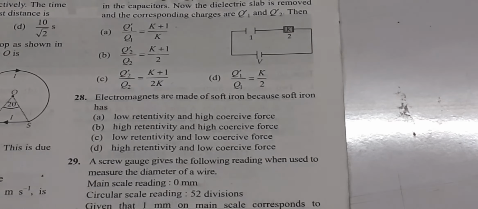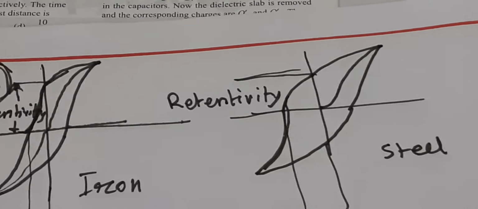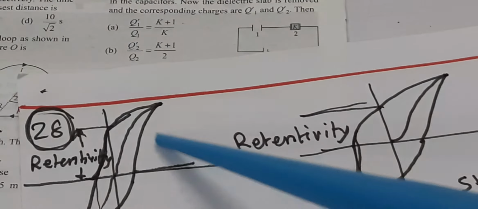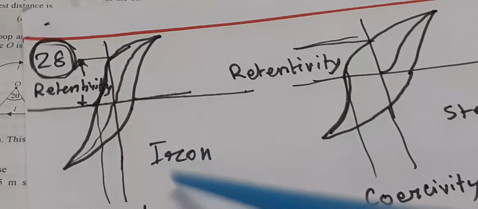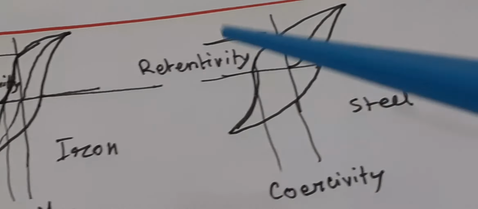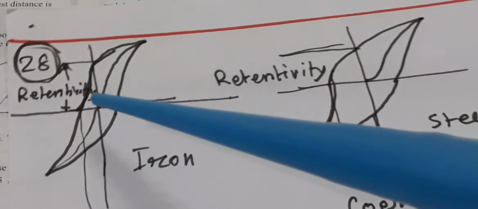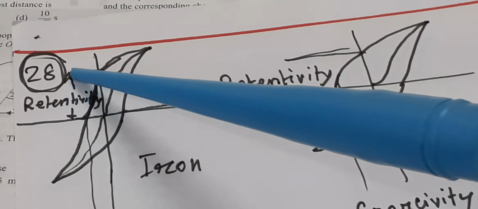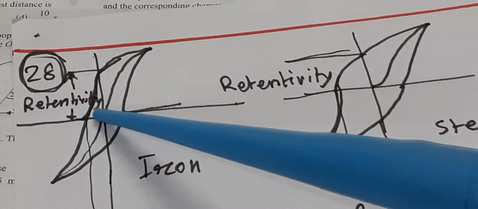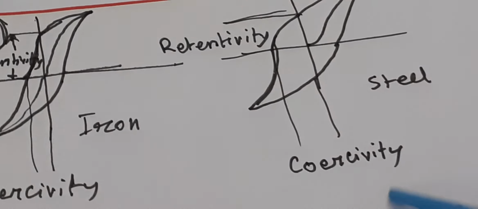For soft iron, this is called the hysteresis curve that you know, and this is for iron and this is for steel. For iron, what you see, this is called retentivity, and this is called coercivity.